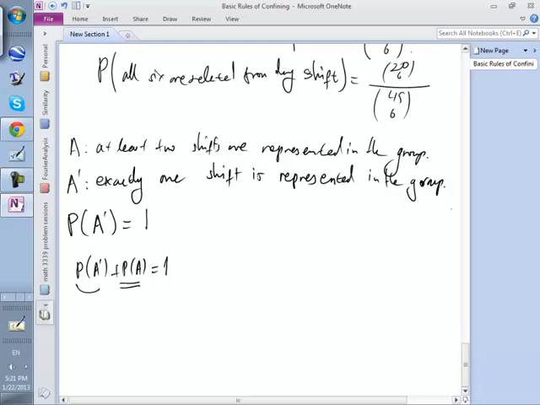So this breaks down to the following. All 6 come from day. You see how I put it schematically inside the parentheses where I put the probability? Swing or graveyard.